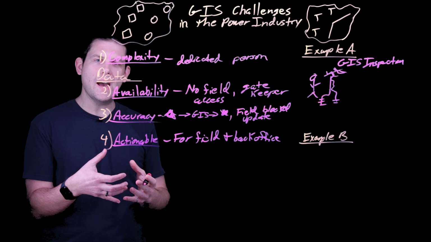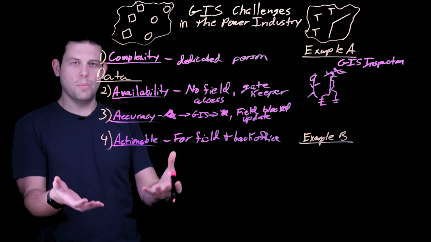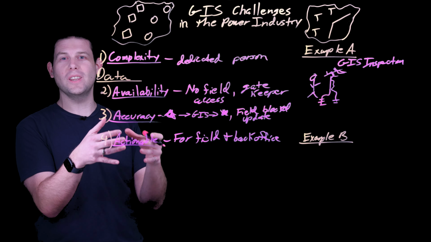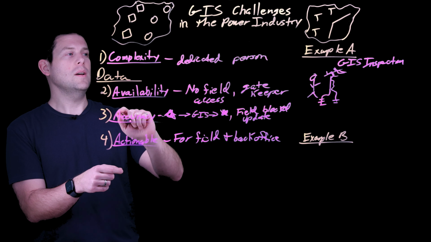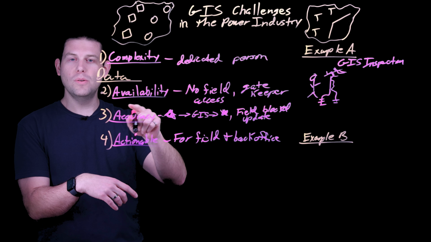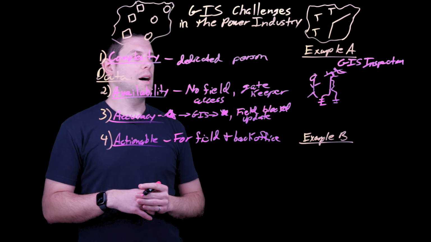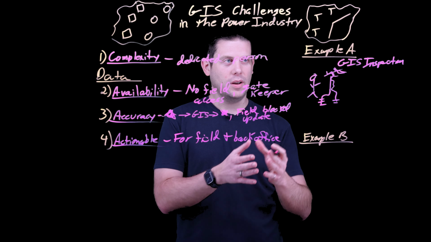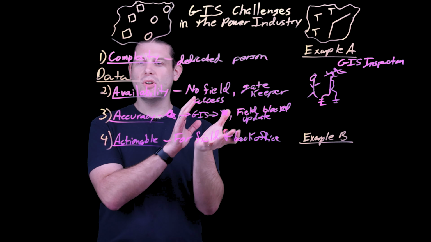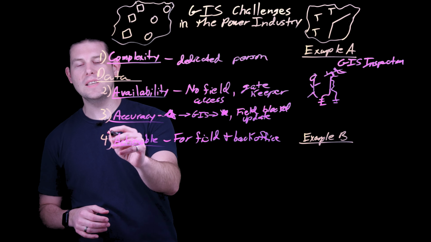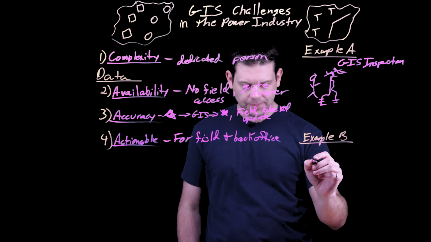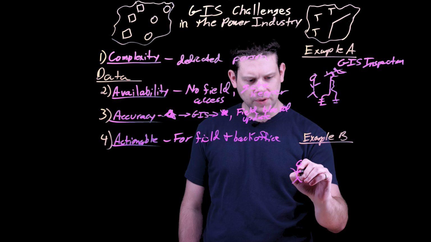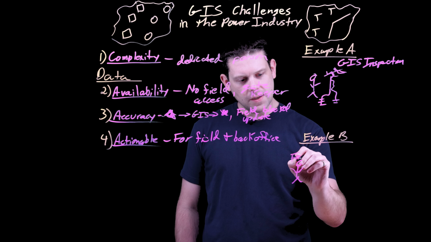And if it's a modern type of GIS, hopefully that inspection form says, hey, you're measuring this resistivity value, well, you need to do X or you need to do Y, right? That's an example of what's capable to solve some of these challenges as far as is it actionable or is it not.